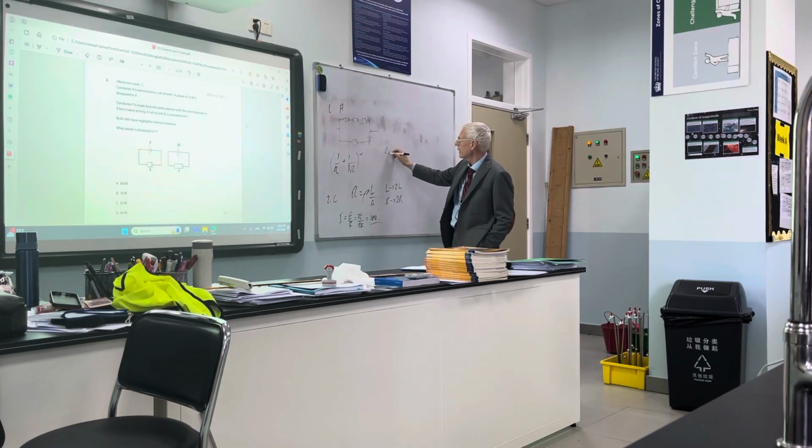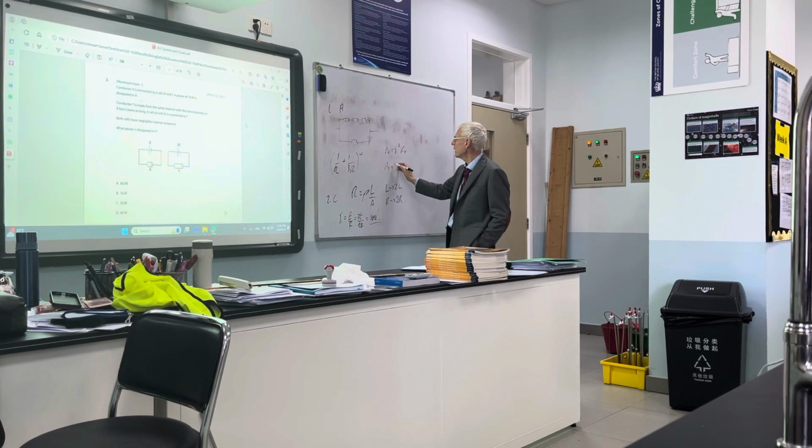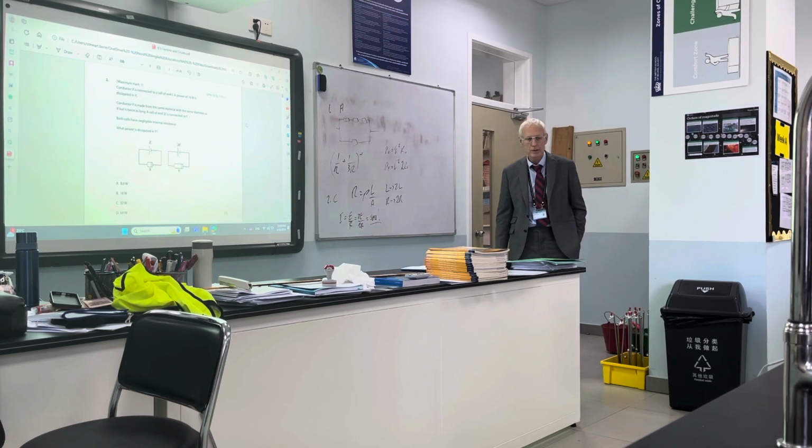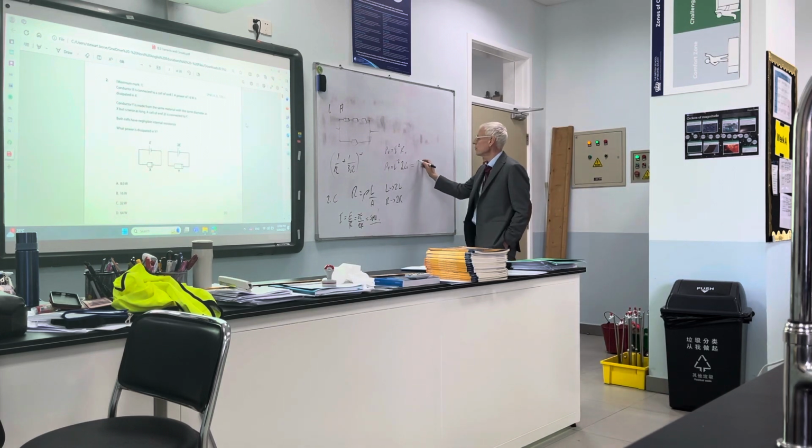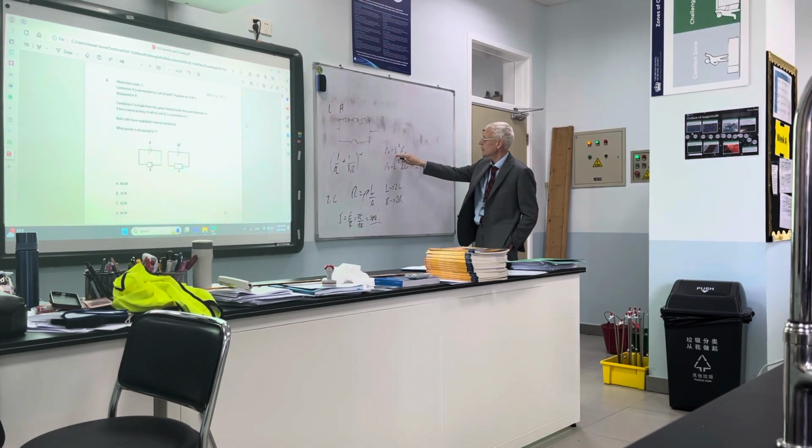If the current is the same, then we can calculate the power dissipation. The power in X is I squared Rx. The power in Y is I squared times 2Rx, because we've doubled the resistance. So it must be 2Px, because Px is I squared Rx, and the 2 is in front.